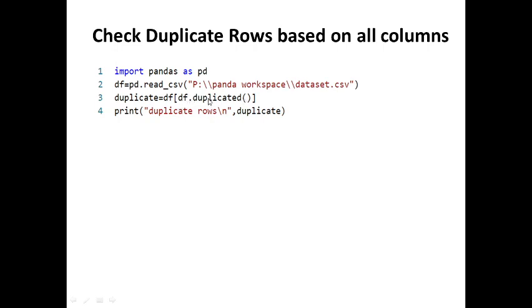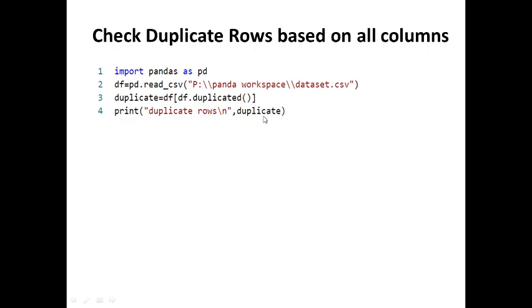So we are using duplicated function. Now it is going to return duplicate rows based on their column values. So when all column values are same, that row will be returned and will be stored in this variable named duplicate. And in next statement we are printing value of duplicate.